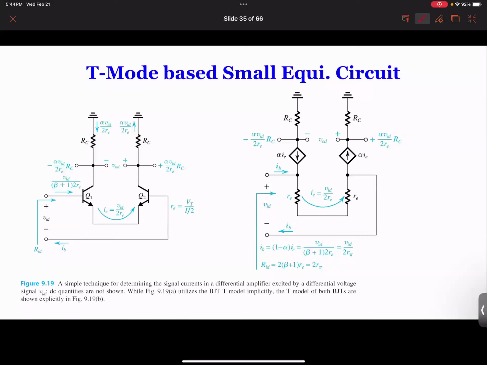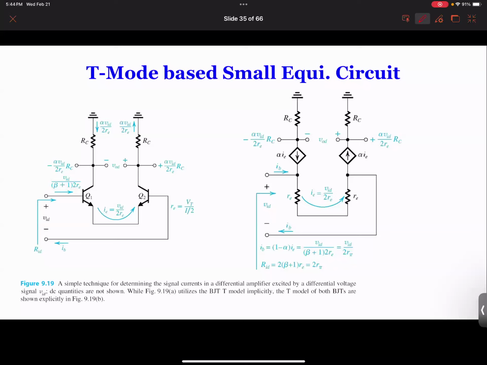And if you remember, the T model simply has the RE over here and then alpha times the IE over here. So this is the base input and this is the base. So they have the input connected to this, the differential input connected here. And this model is a little bit easier than the other. I mean, the other one is not that difficult. Just this one is even more straightforward.